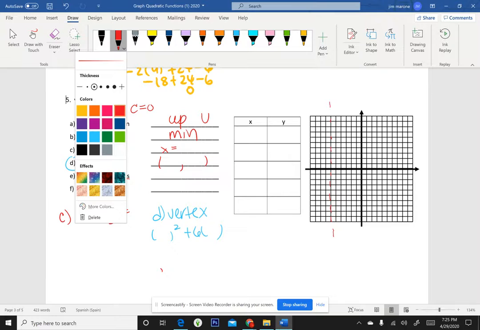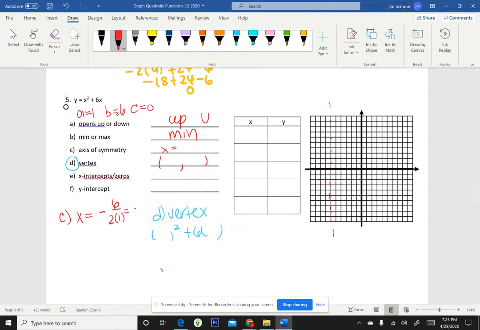So we should get that -6 divided by 2 is -3. So then we put -3 in there, and -3 squared is 9 minus 18 is -9. So the vertex is -3, -9.